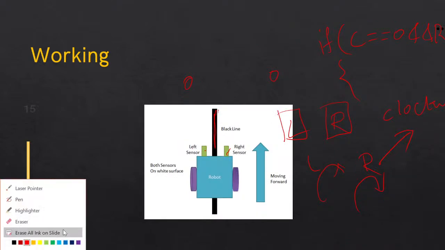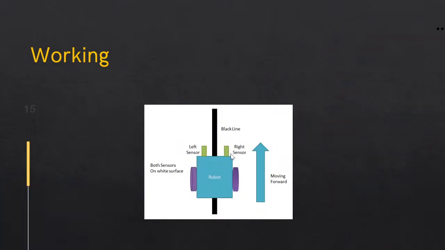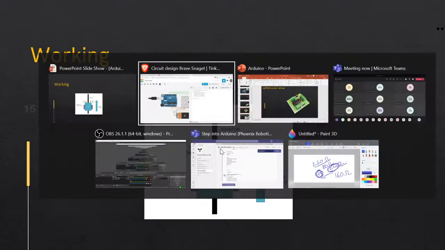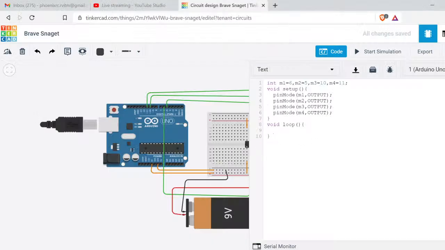Okay, first I will code for this one. Left sensor and right sensor both read that both are not on the black line, so it has to move forward. So first thing, I will take pin mode, and I will also declare this.